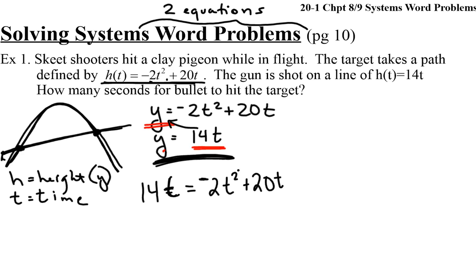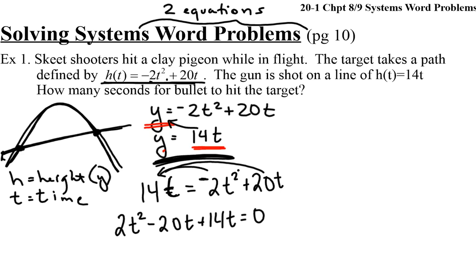I'm going to move everything over to the left side so that my negative 2t squared, when it moves over, becomes 2t squared. 20t becomes a negative 20t plus the 14t that's already over there, and that equals 0. At that point, we now can solve the quadratic by factoring or using the quadratic formula.